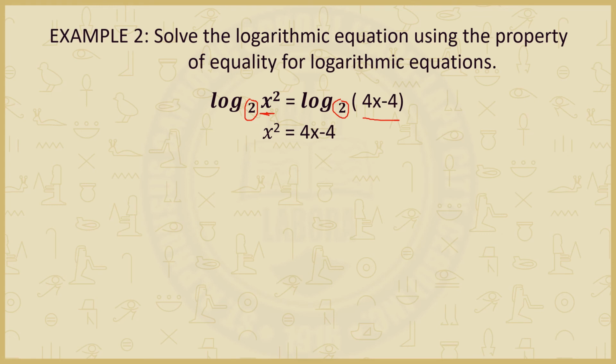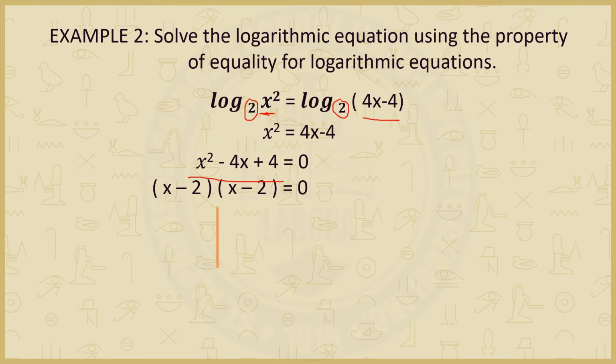And then transpose this 4x minus 4 to the other side of the equation, and it will become x squared minus 4x plus 4. Since this one is a quadratic trinomial, we can factor this one out. So the factors are x minus 2 times x minus 2 equals 0.